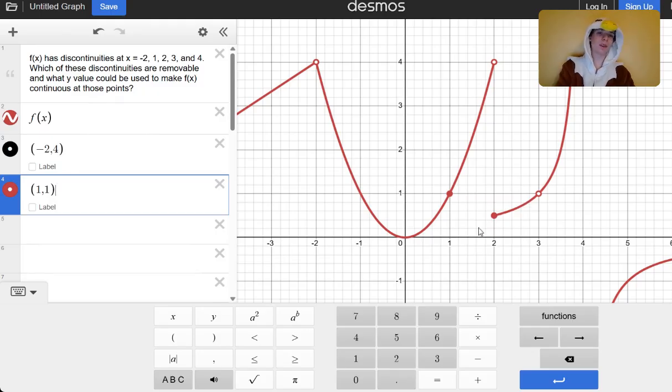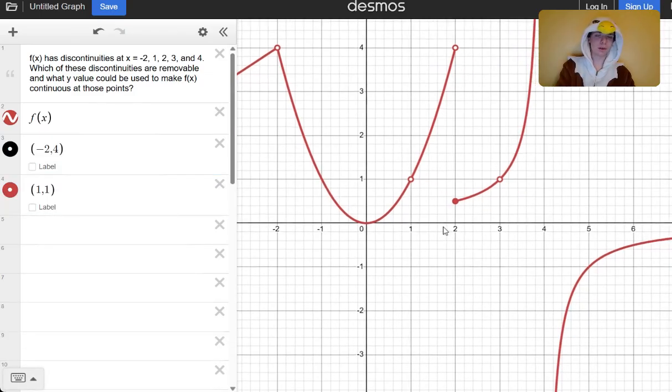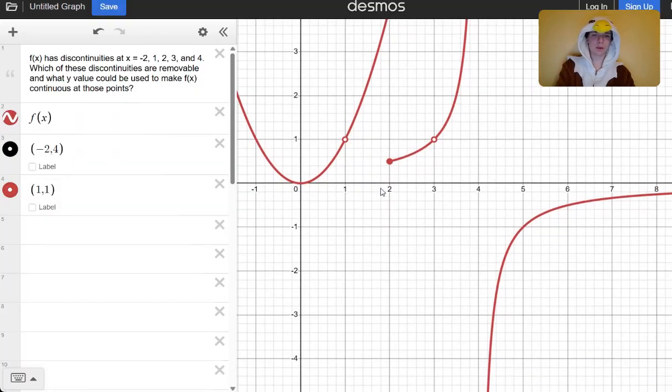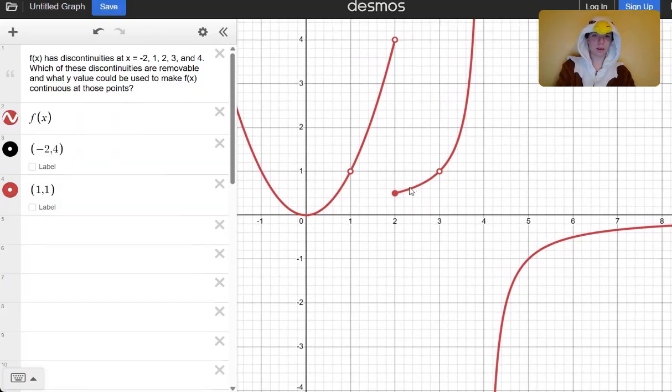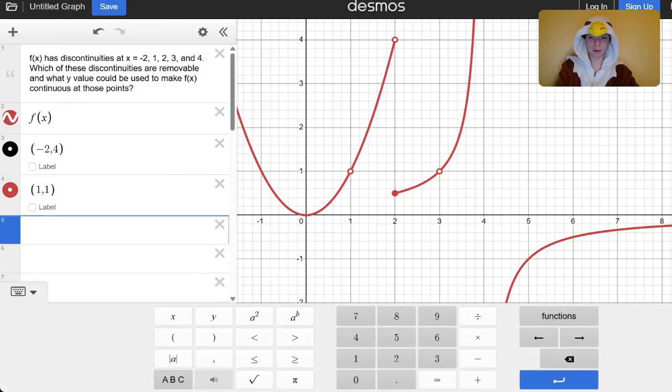That's a jump. You can't remove that discontinuity. So let's move on to the next one. X equals 3. It's approaching 1 from both sides. So the limit is 1. So our answer is going to be 3, 1 for that point, which we fill in.